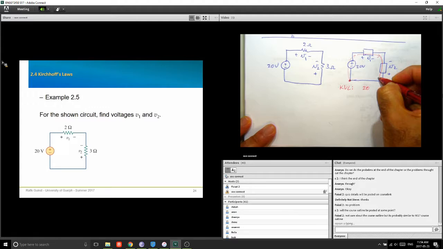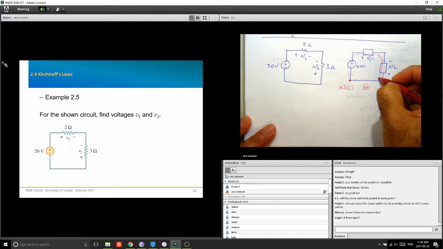Okay. What other equations do I have? Let's see. Now these are resistors, right? What do we know about resistors? Ohm's law. Okay? Alright. So I'm going to say I have a current here. I'm going to call that I1.